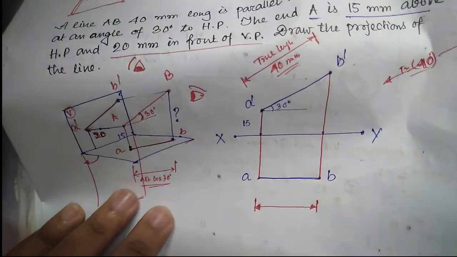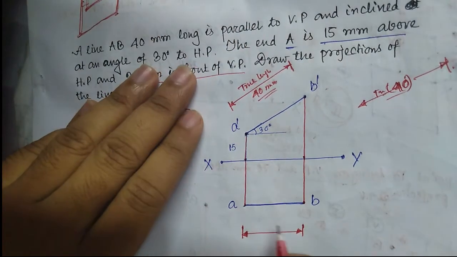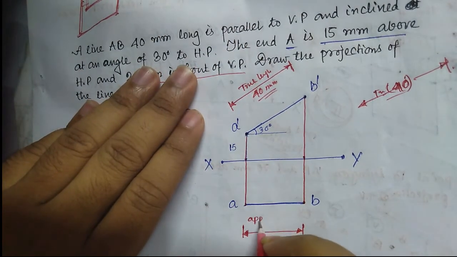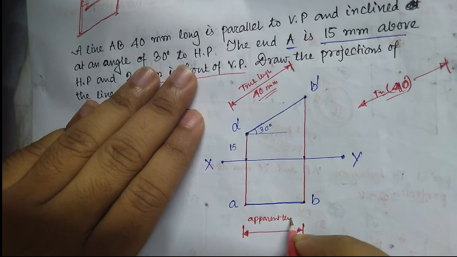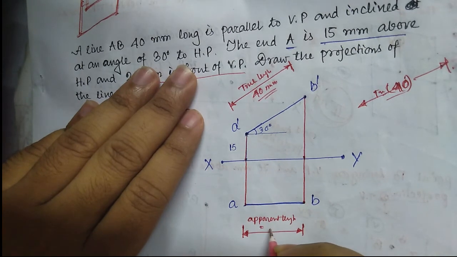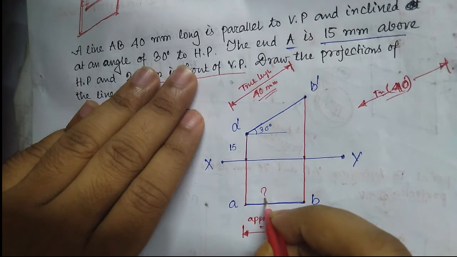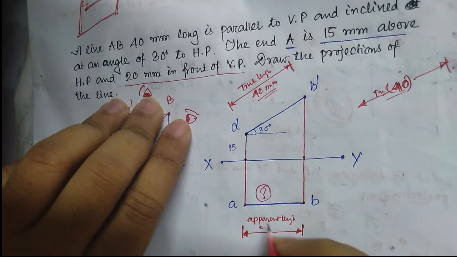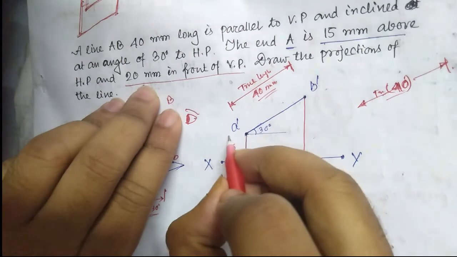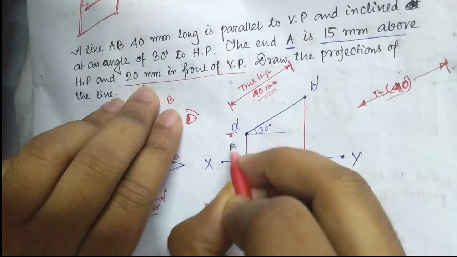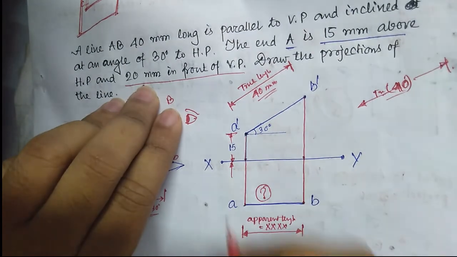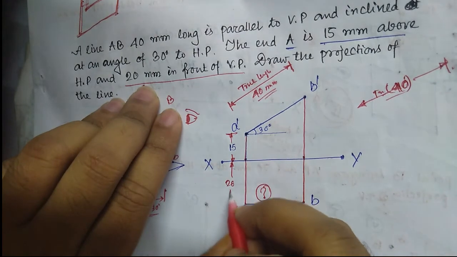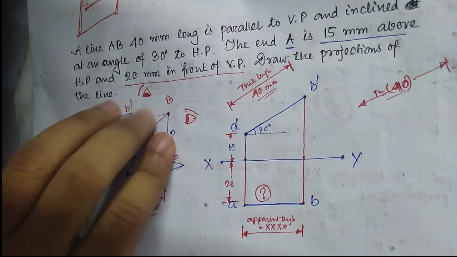So this length is apparent length, and you write apparent length is equal to, you measure it by scale and you write that this much is our apparent length. This distance is 15 millimeter, this distance is 20 millimeter. So this drawing is complete.